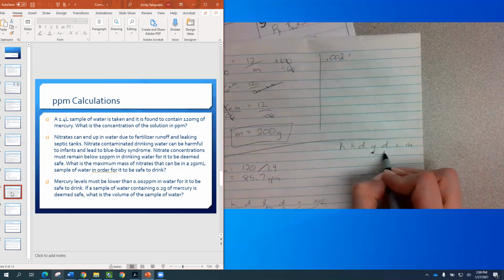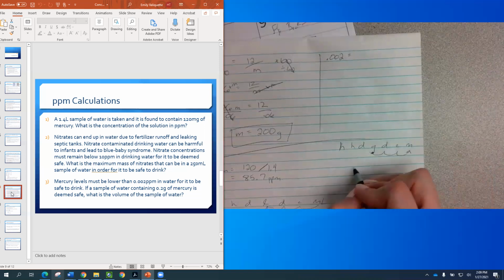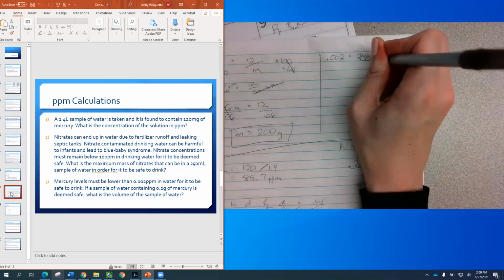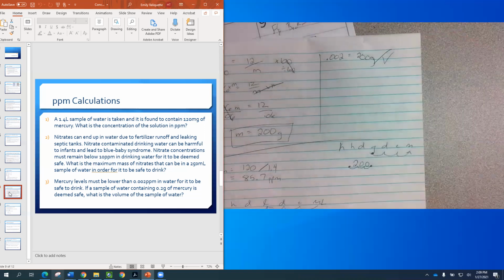We have to move 1, 2, 3 spots to the right to convert it into milligrams. So I'll get my 0.2 and go 1, 2, 3 spots to the right. So it's going to be 200 milligrams of mercury. And we need to find out what our volume is.